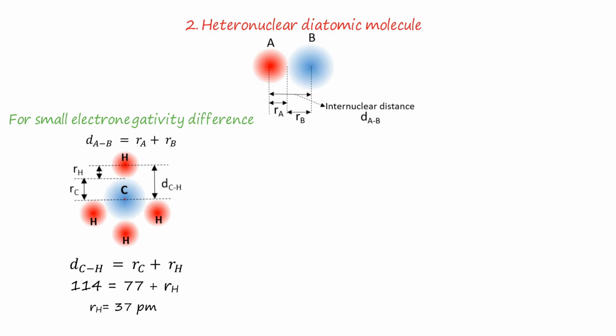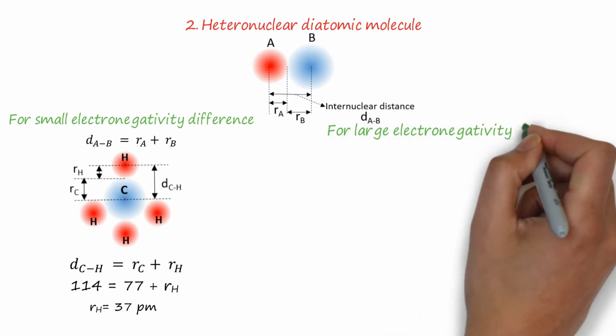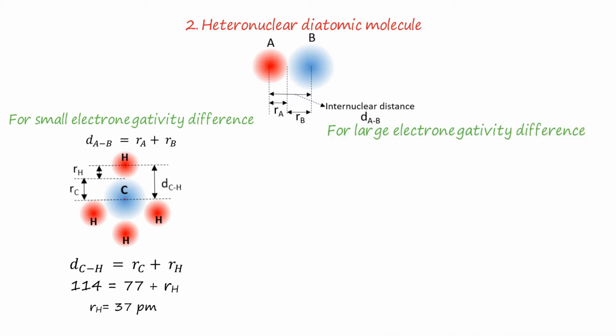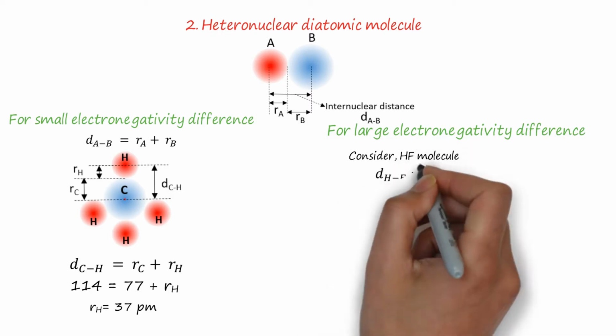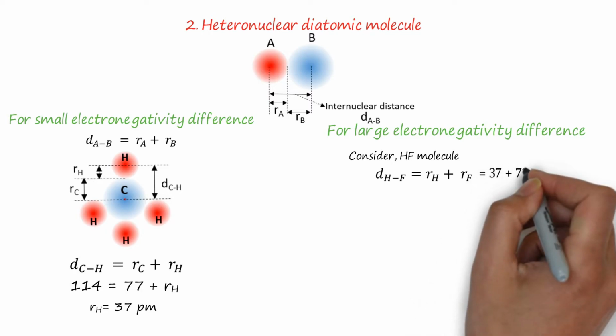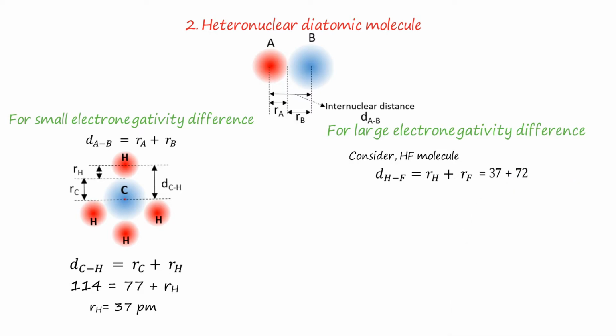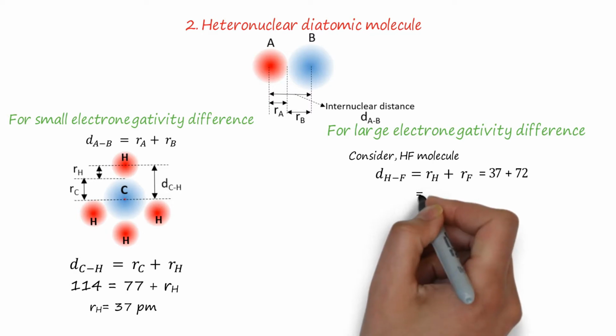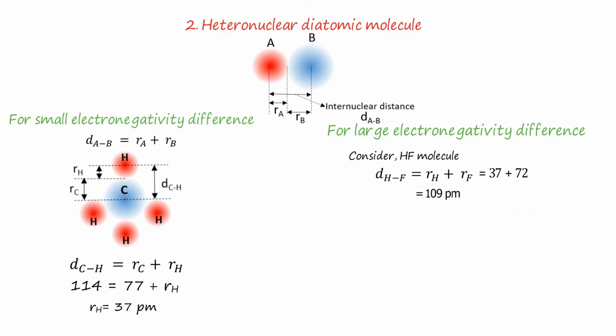On the other hand, if the electronegativity difference between two bonded atoms is large, then the previous formula is no longer valid. For example, in the HF molecule, the radius of hydrogen is 37 picometer and the radius of fluorine is 72 picometer. The internuclear distance between the two heteroatoms, hydrogen and fluorine, calculated by the formula is 109 picometer.